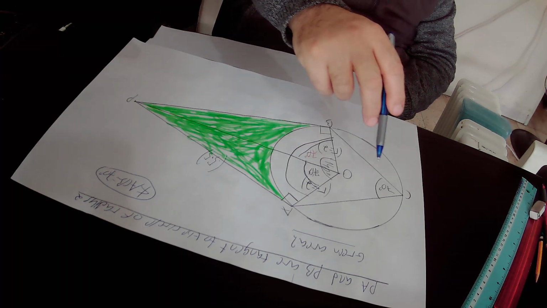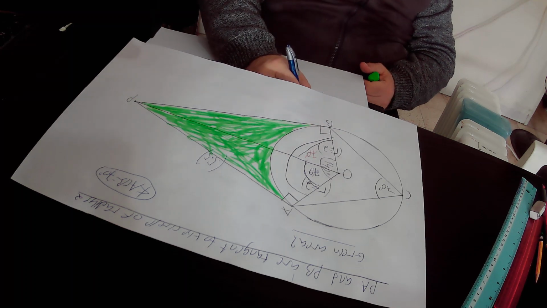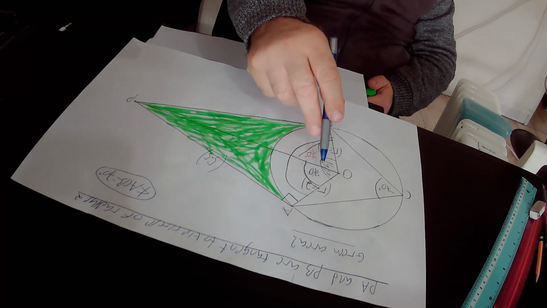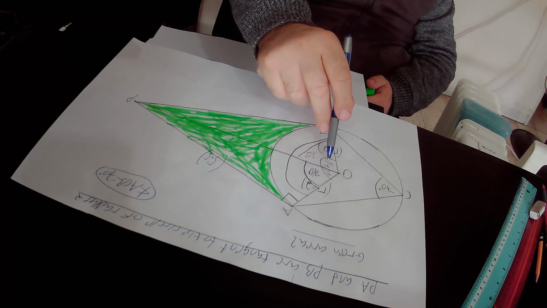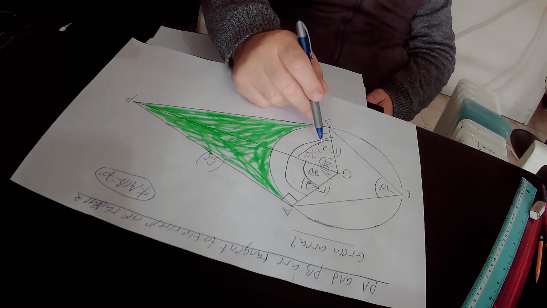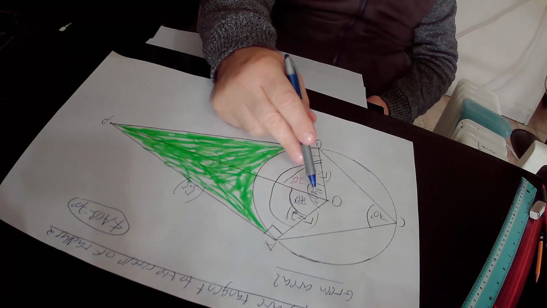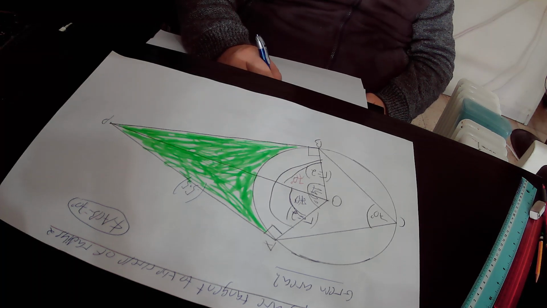The area of this circle is pi r squared because the radius is r, times the angle between the legs of this sector. The angle between the legs is this angle, it is actually 140 degrees. So it is 140 degrees over 360 degrees.